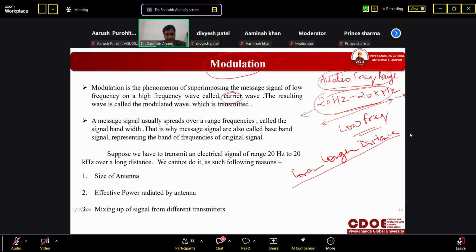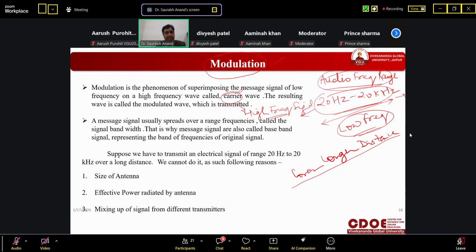And the carrier is high frequency because the signal is lower frequency. So we are using a high frequency signal. Carrier is high frequency, and due to high frequency, it can travel a longer distance, like a cycle or bike or car or bus or train can travel a longer distance.